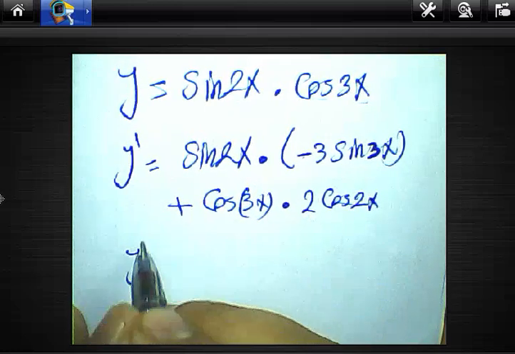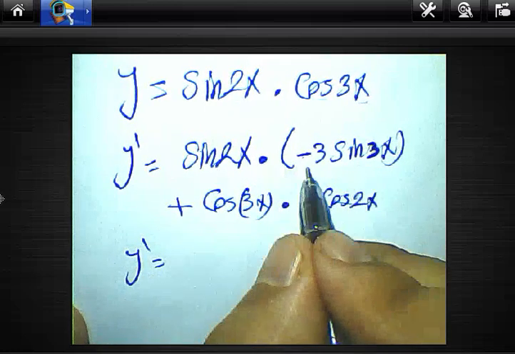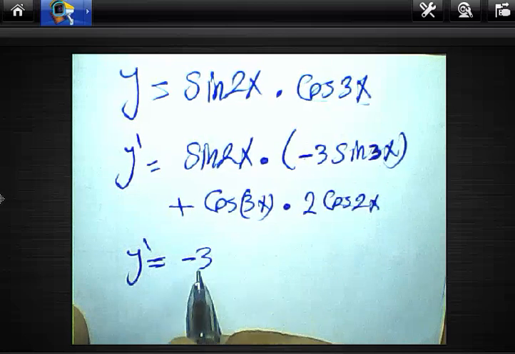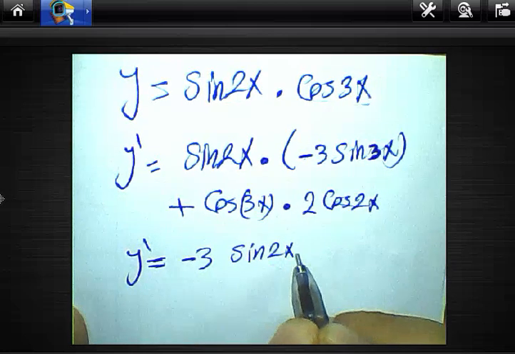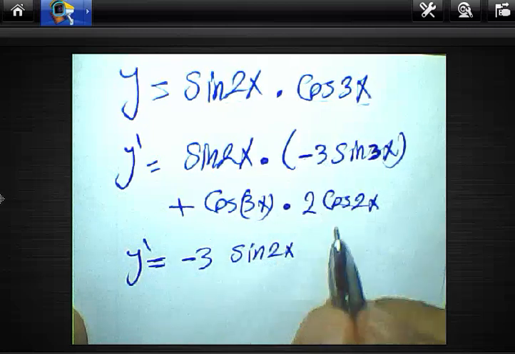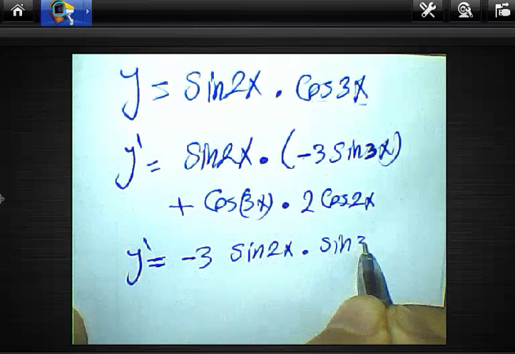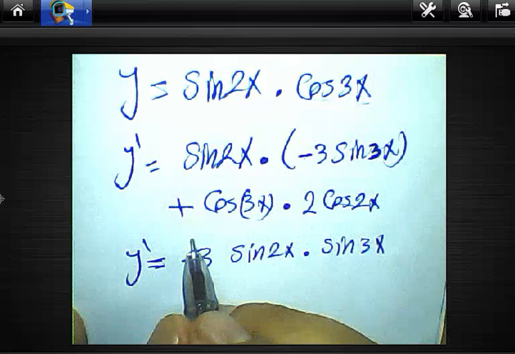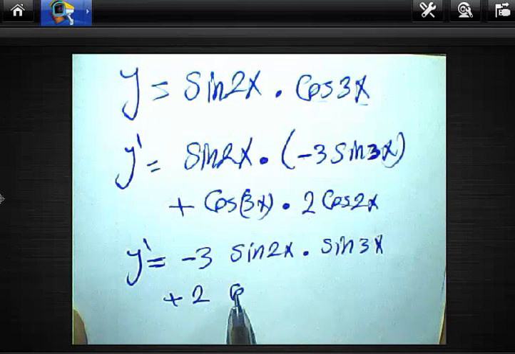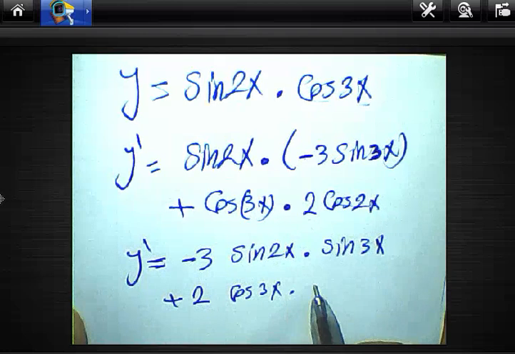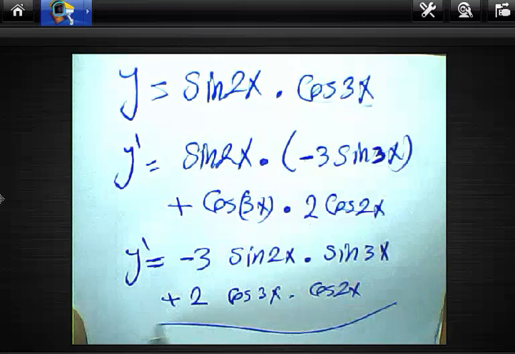So the result will be y dash equal, we replace here negative 3, its coefficient, write it outside here. Negative 3 multiplied by sine 2x multiplied by sine 3x, and right here plus 2's coefficient, right outside here, cosine 3x multiply cosine 2x.